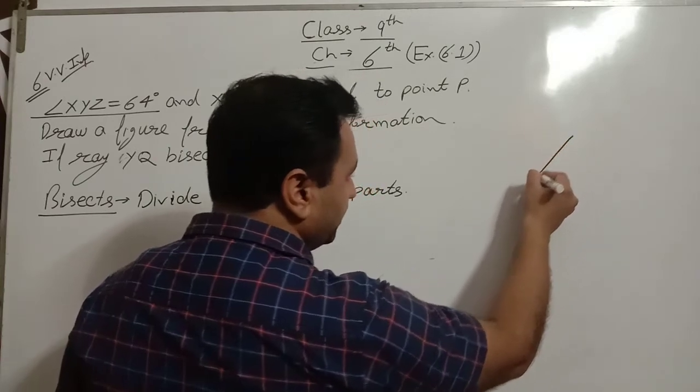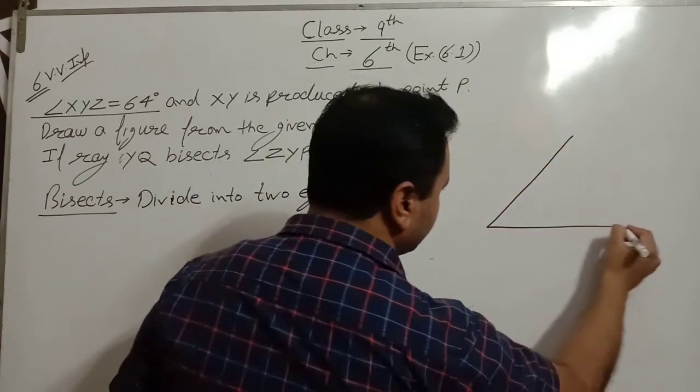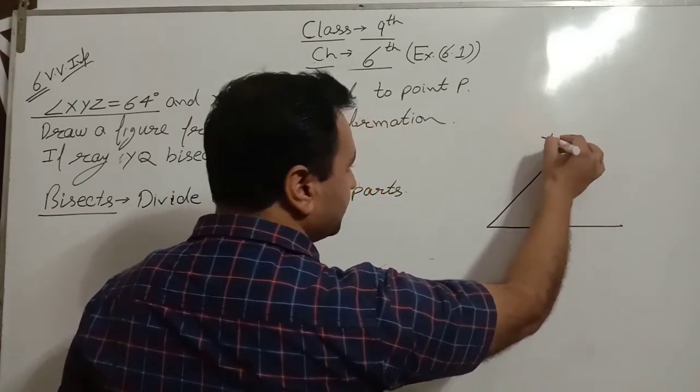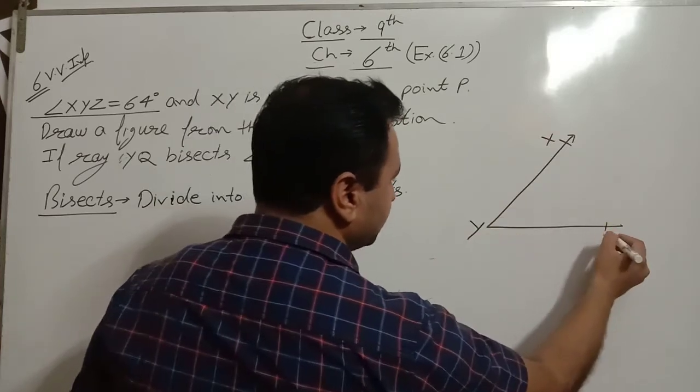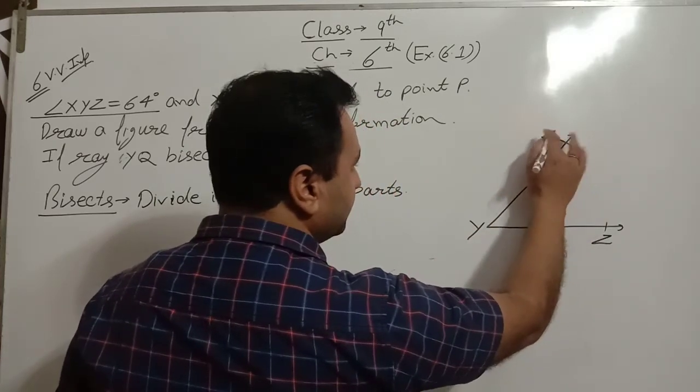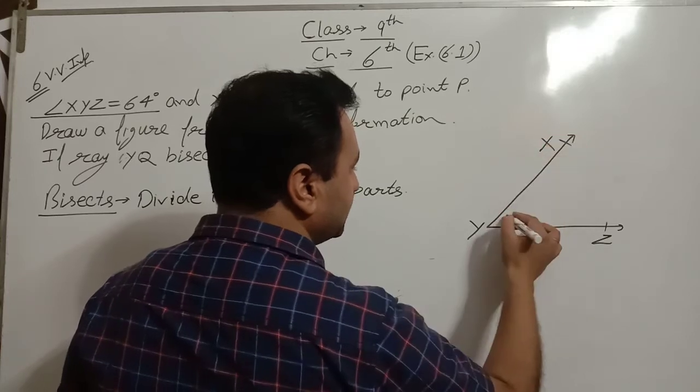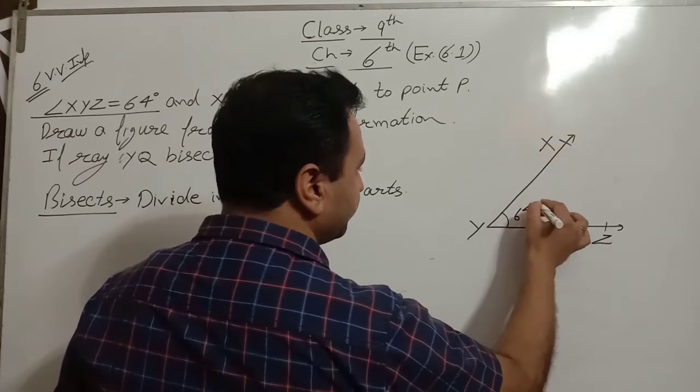So we draw angle XYZ. Angle XYZ is equal to 64 degrees.